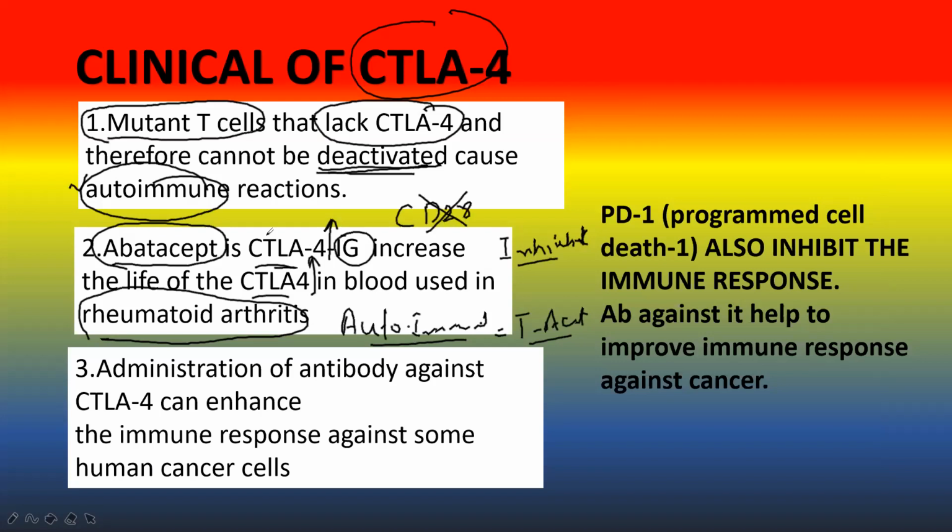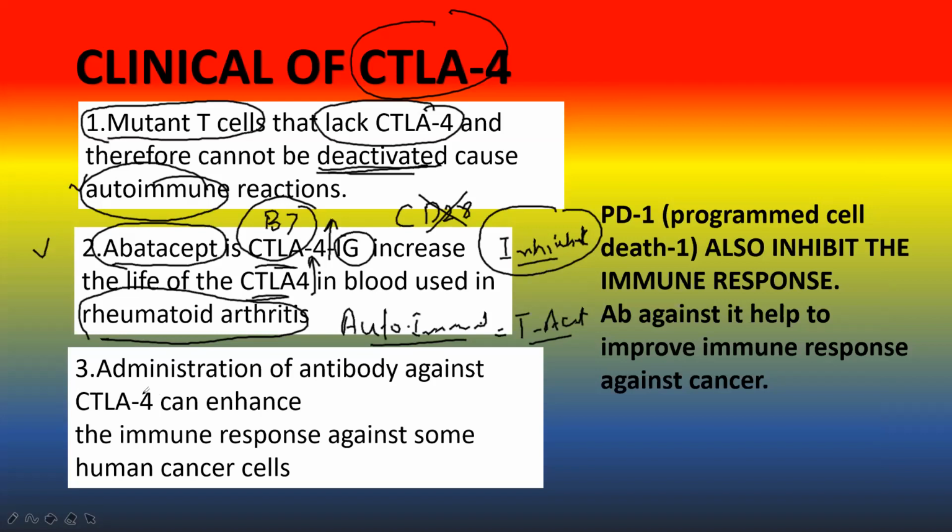Then CTLA4 binds with B7. If these two combine, what happens with the T cell? The T cell is inhibited. Oh, this drug is very good for rheumatoid arthritis. It's the best drug, but it's expensive. Abatacept is CTLA4. It increases the level of CTLA4. Clear? So this is also a useful condition about CTLA4.